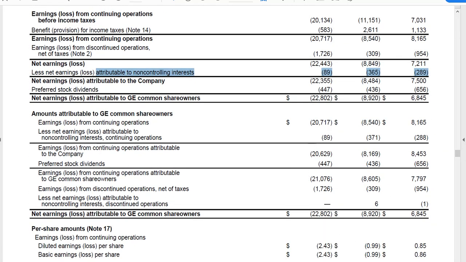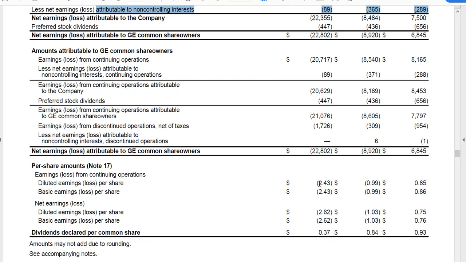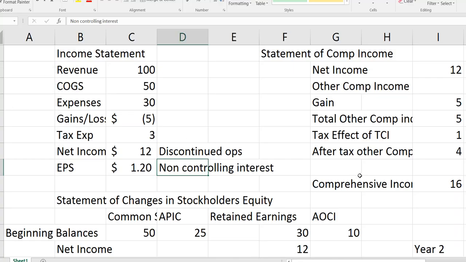And you can see down here a little further the earnings per share. Net income divided by the number of shares outstanding as a required disclosure. So that's what it looks like in a real life scenario. All right, so we'll go back to our simplified and go on to our statement of comprehensive income.